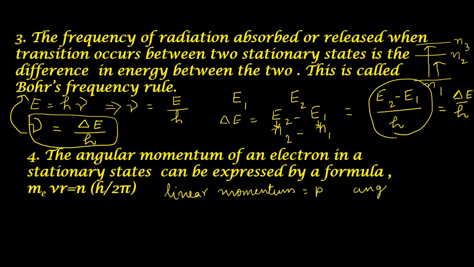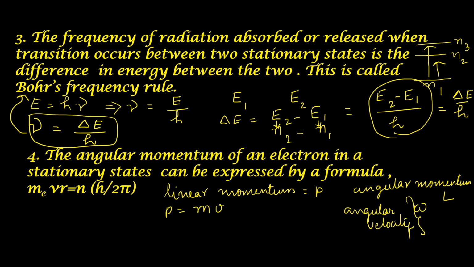But an object like an electron moving in circular path has angular momentum represented as L and is equal to mass into angular velocity, omega. We know angular velocity is equal to linear velocity divided by radius of the circular path. So angular momentum becomes equal to m v r, that is m_e v r.